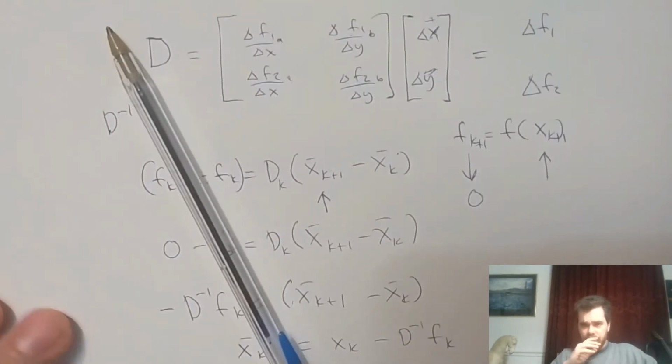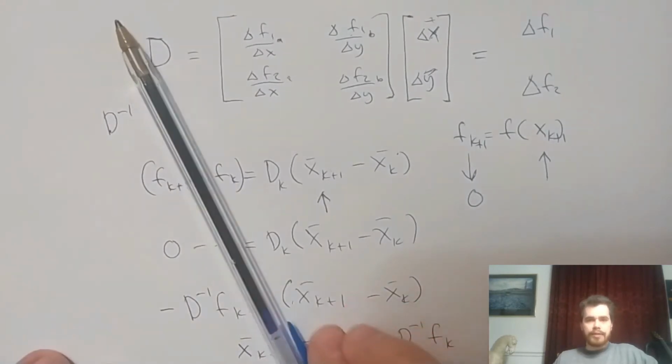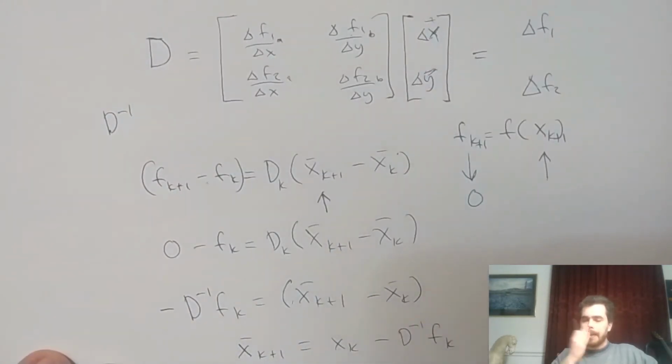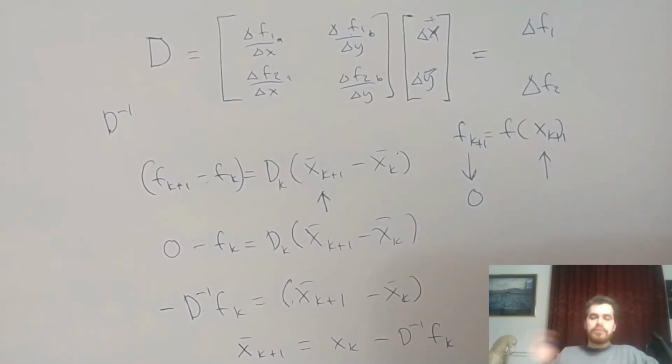So if instead of 2 variables and 2 outputs, say we've got 50,000, 100,000, 200,000, there are systems where you have huge numbers of inputs and huge numbers of outputs. And so what was peanuts at a small scale becomes very, very, very expensive. And that's really what's motivating us to do Broyden's method.